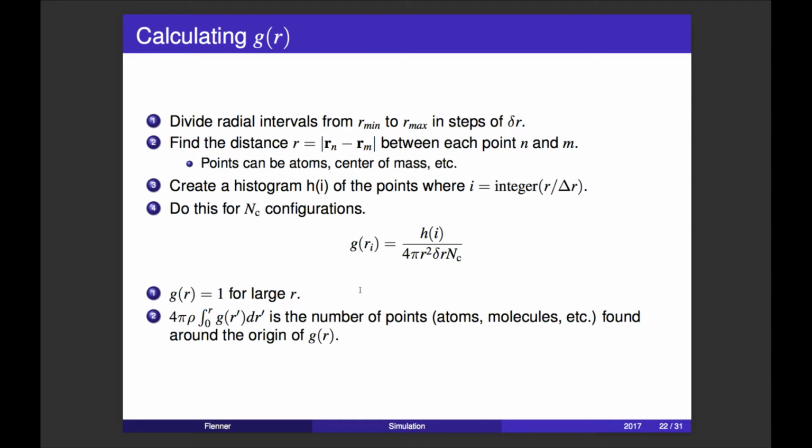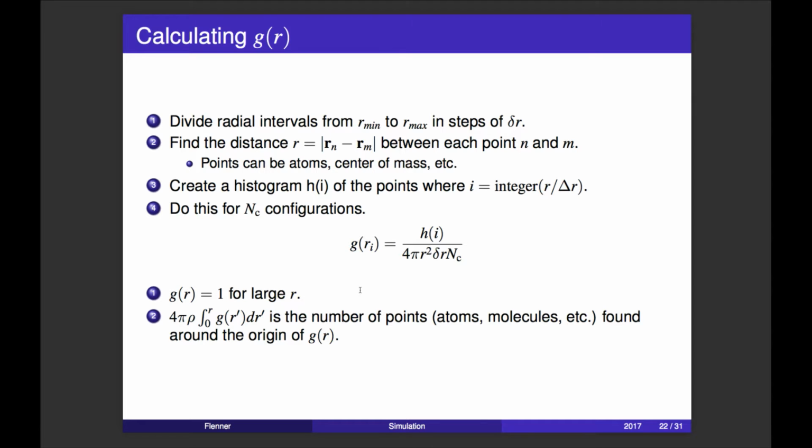So to create a histogram of the points, you take the distance between the particles divided by whatever bin size you have, and you'll get a number.